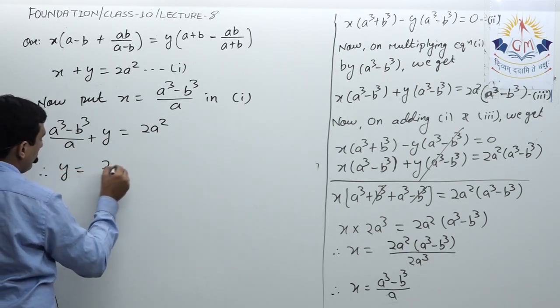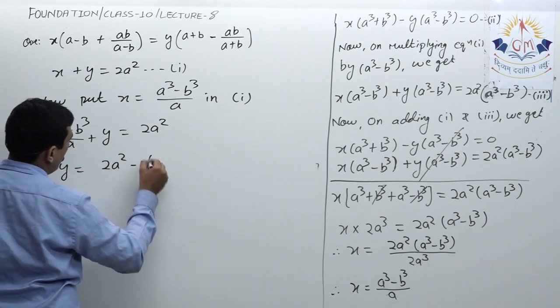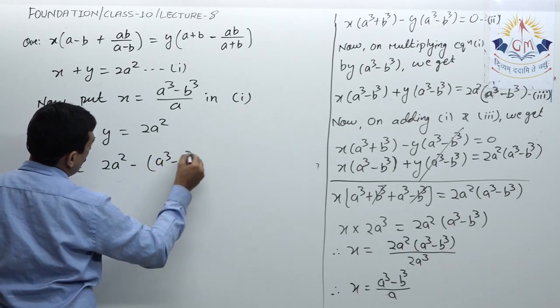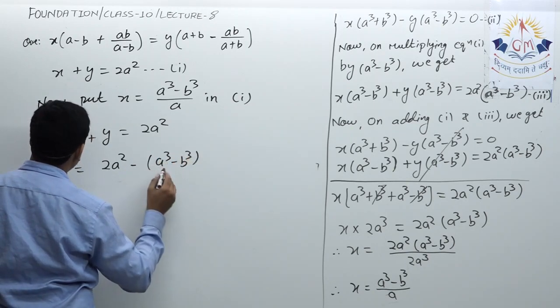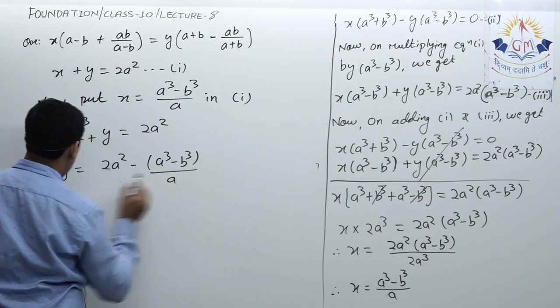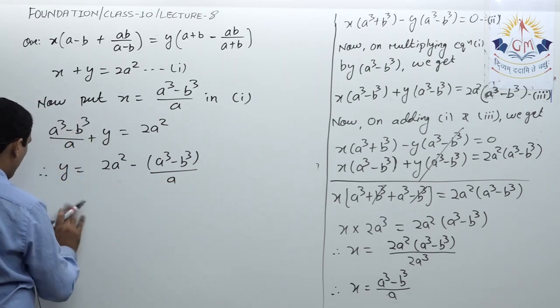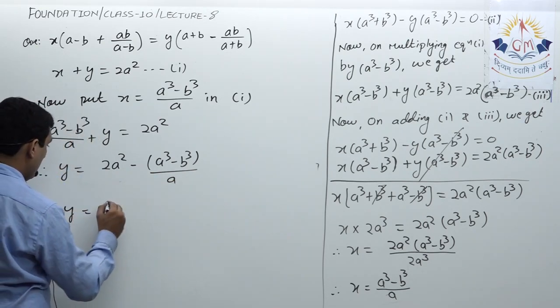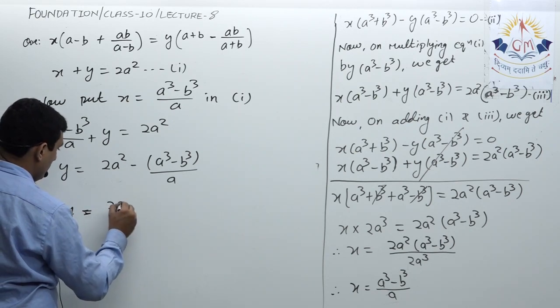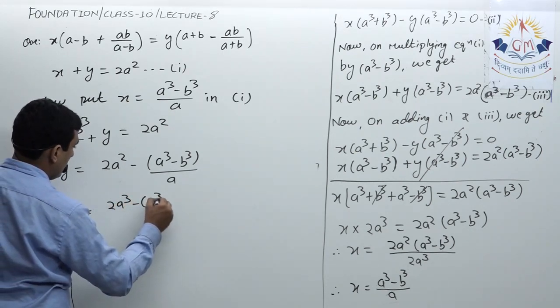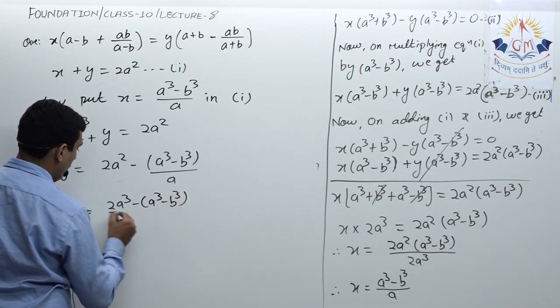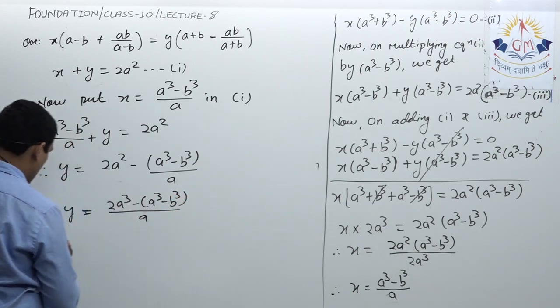Therefore y is equal to 2a² minus (a³ − b³) upon a. So over here I will get y is equal to 2a³ minus (a³ − b³) upon a.